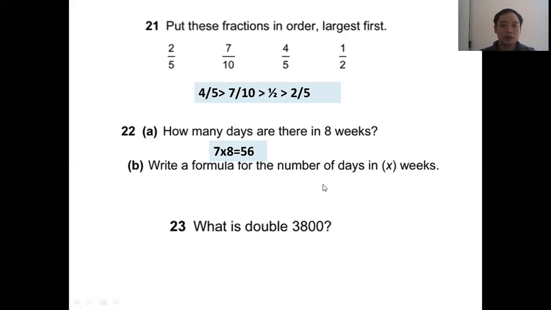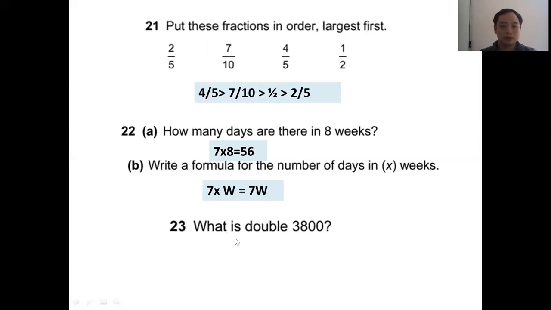For B, I know that 1 week has 7 days. If I have W weeks, I just take 7 multiplied by W, which equals 7W. So this is the number of days in W weeks.